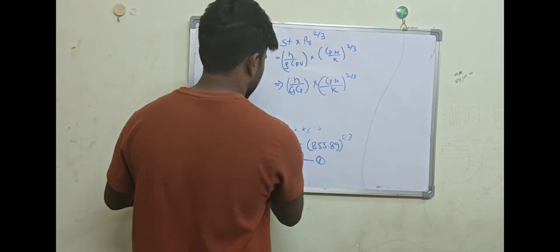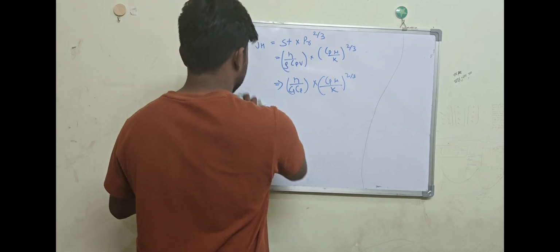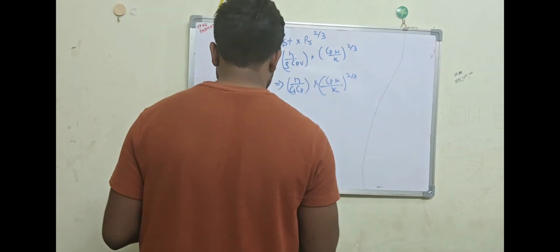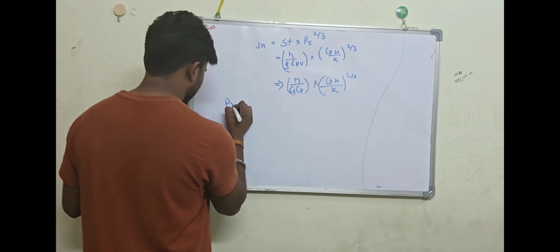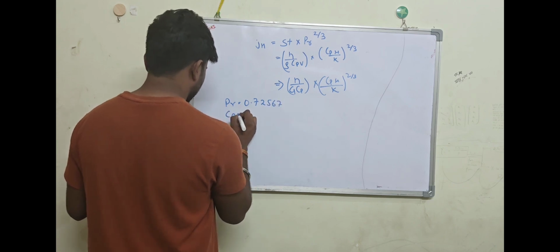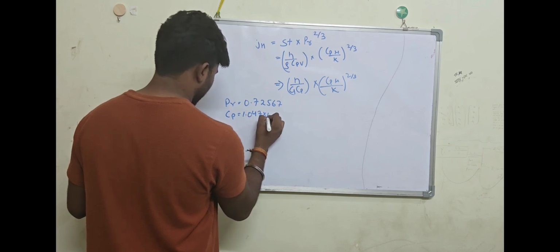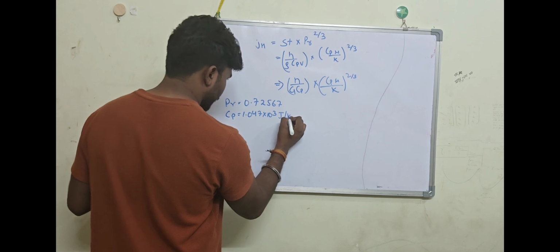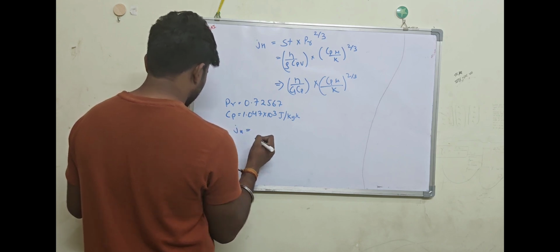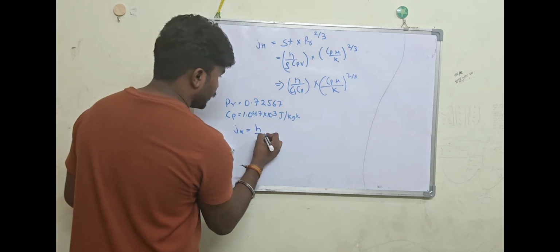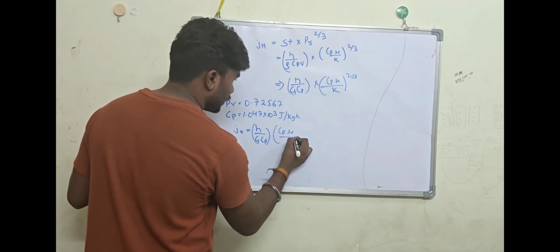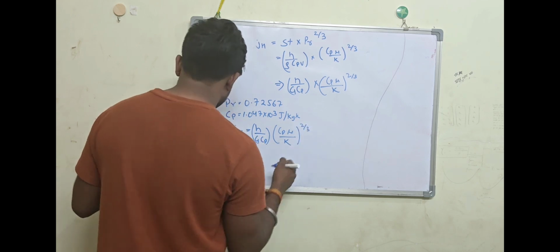As given in the question, Prandtl number was 0.72567. Cp was given as 1.047 into 10 to the power 3 joule per kg Kelvin, in SI units, and JH we calculate as H upon G Cp into Cp mu upon K to the power 2 by 3. We will put all these values.